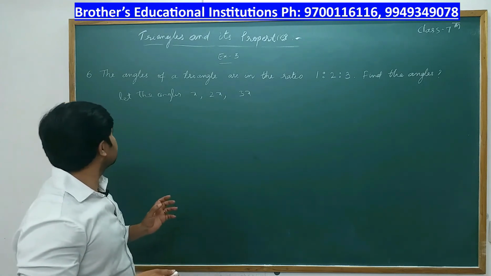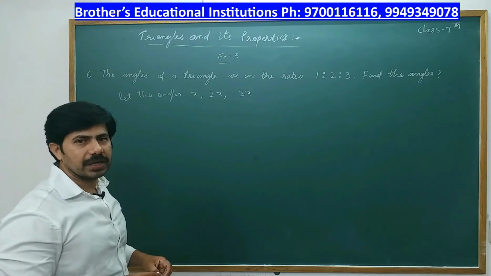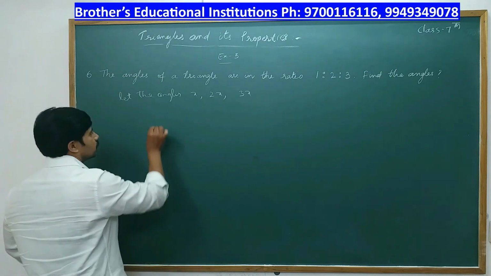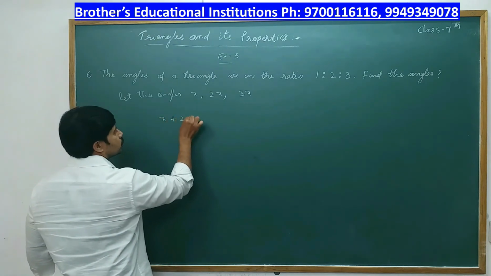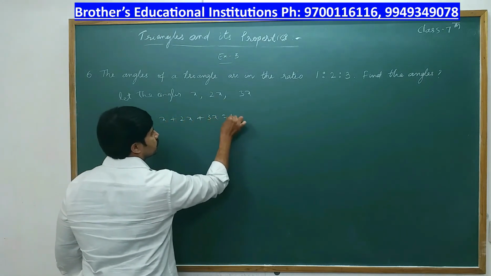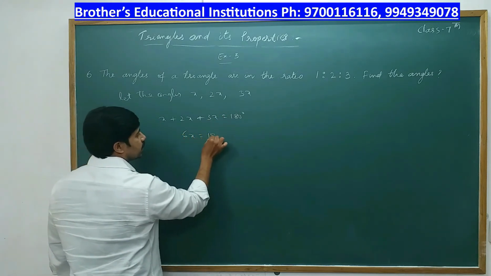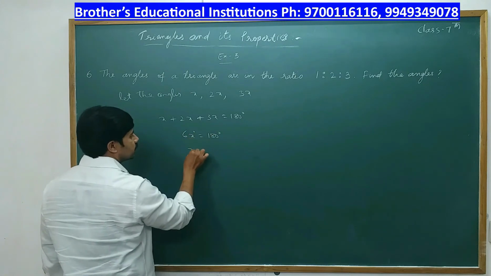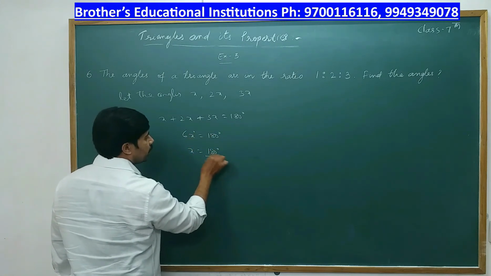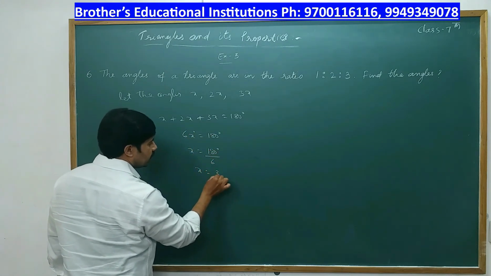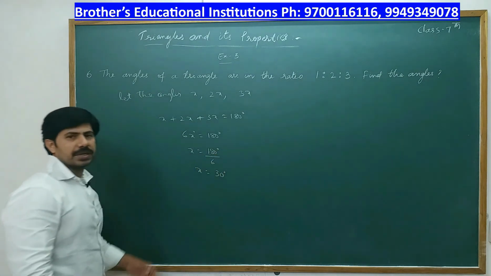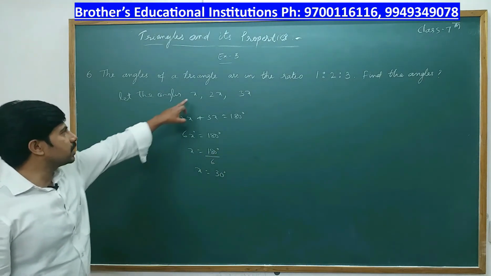As these are the angles of a triangle, the sum of the angles is 180 degrees. So x plus 2x plus 3x is equal to 180 degrees. So 6x is equal to 180 degrees. x is equal to 180 by 6. So x is equal to 30 degrees. Now after getting x equal to 30, I'll substitute back.